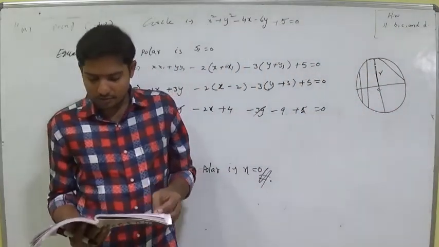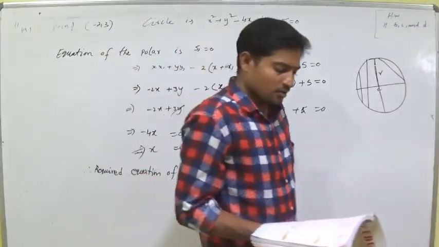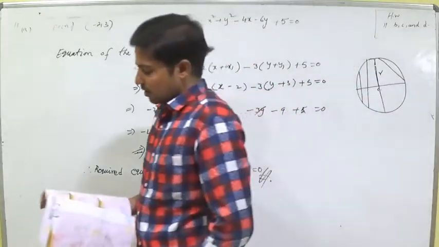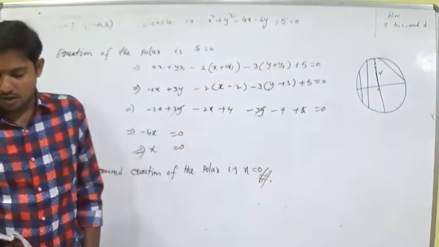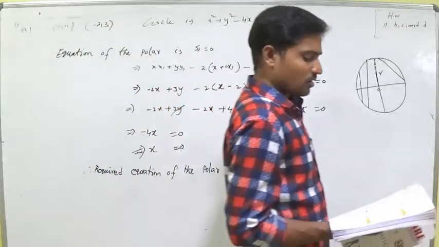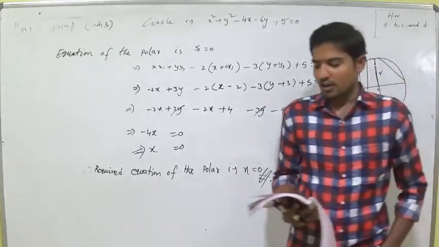Next, 13th one. If the lines x plus 2y plus k equal to 0, x plus y minus 3 equal to 0 are conjugate with respect to the circle x square plus y square equal to 9, then find the value of k.